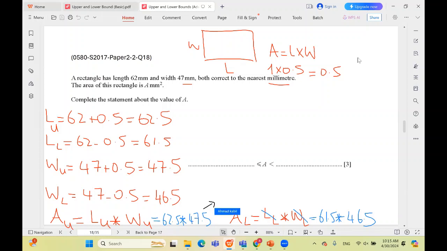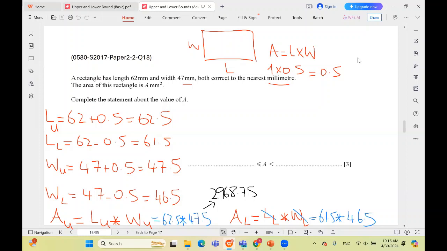So this expression here is 62.5 multiplied by 47.5, which is 2,968.75. For the lower bound of the area, we have 61.5 multiplied by 46.5.